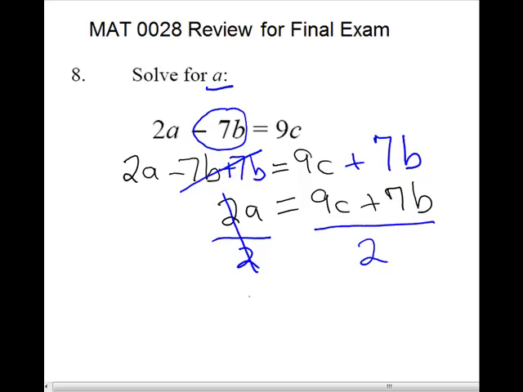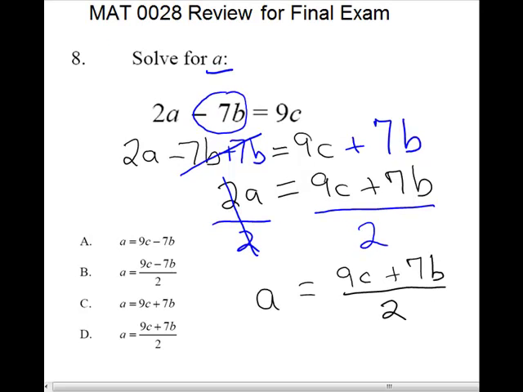I know when we got down to slope with lines, we did separate pieces. But for formulas, just do it with 1. 9c plus 7b over 2. A is isolated. That was our goal. Our choice this time will be D. You have to watch your signs.